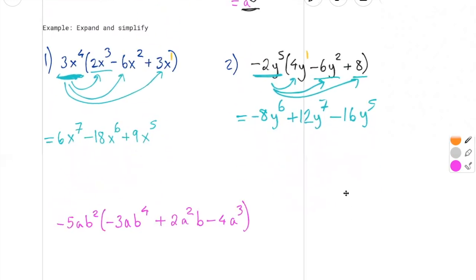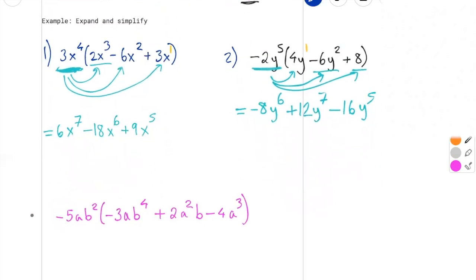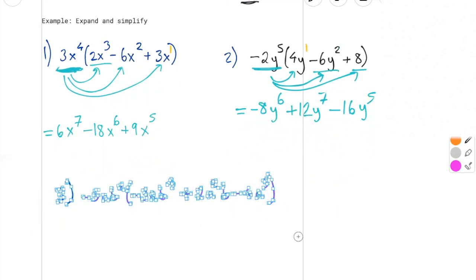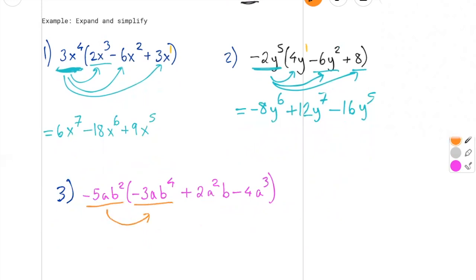Okay, one more. This one is a little bit more complicated, but you can copy it down and try to follow along. So let's multiply. I want to multiply these together first. Negative 5 times negative 3 gives me 15. A times A. Again, there's no exponent. It's an invisible 1. A to the 1 times A to the 1 gives us A to the 2.